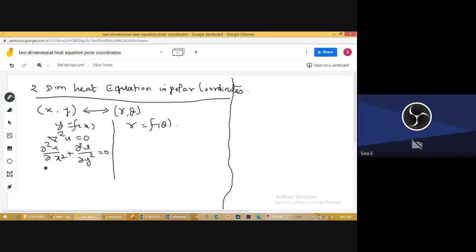It is a steady state equation. For the unsteady state equation, you have to add dou u by dou t equal to alpha square times dou square u by dou x square plus dou square u by dou y square. This is an unsteady state equation.